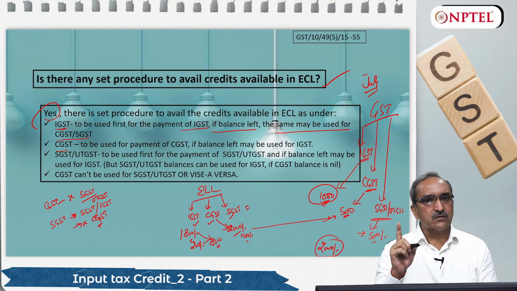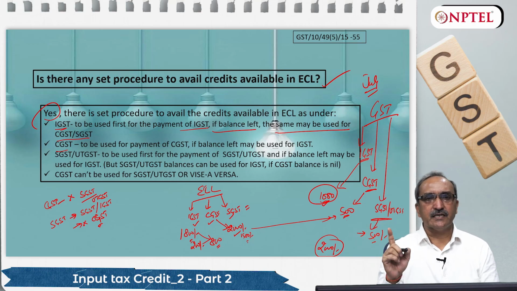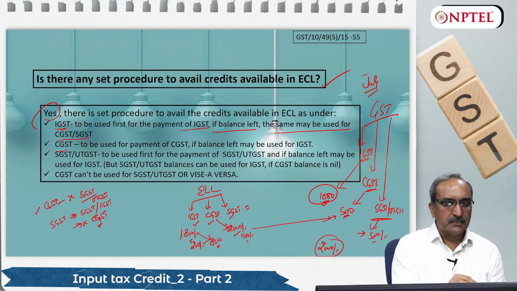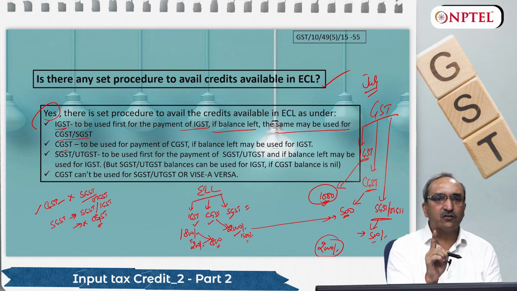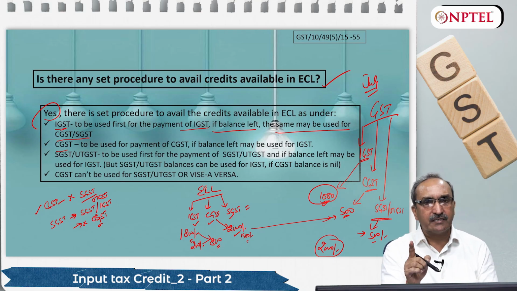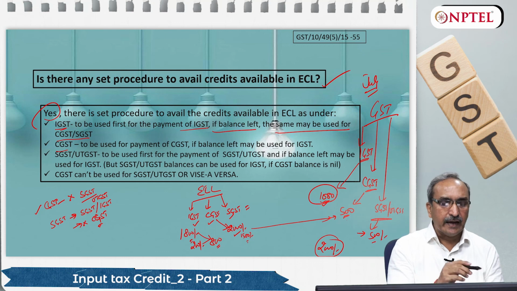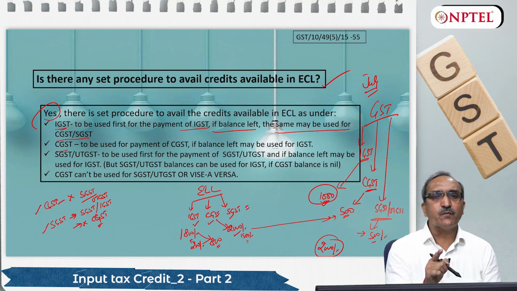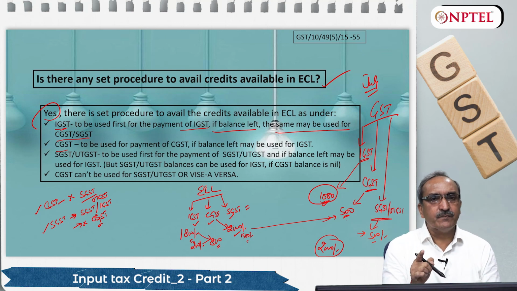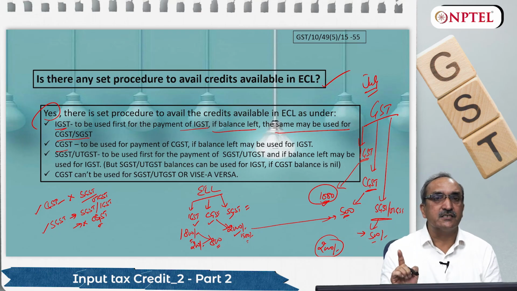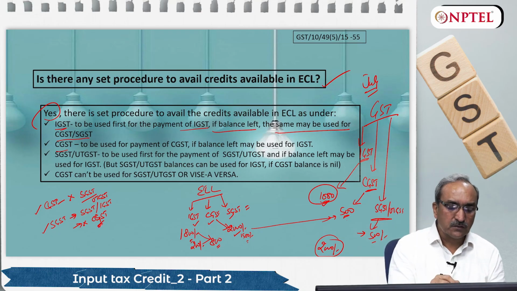IGST can be used for IGST, CGST and SGST. CGST can be used for CGST and then for IGST, and SGST can be used for payment of SGST first, and if balance is there, it can be used for IGST, but it cannot be used for CGST.